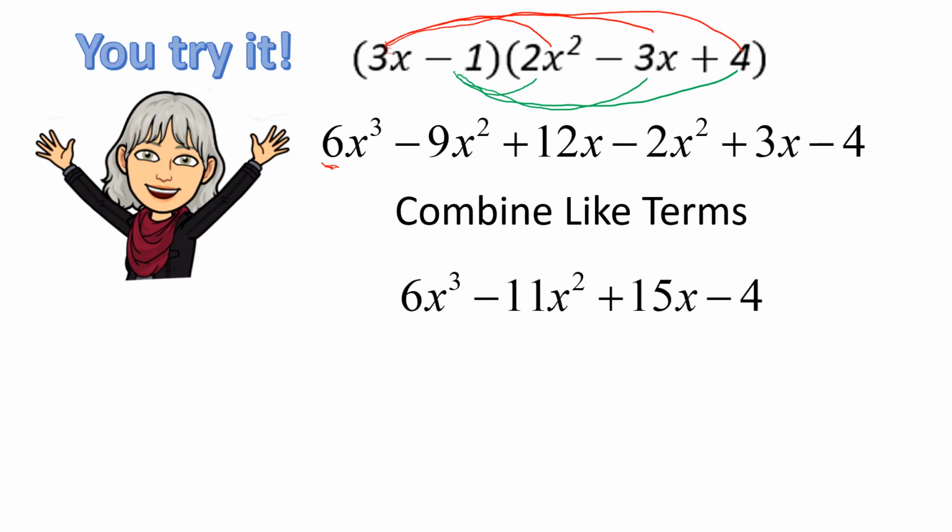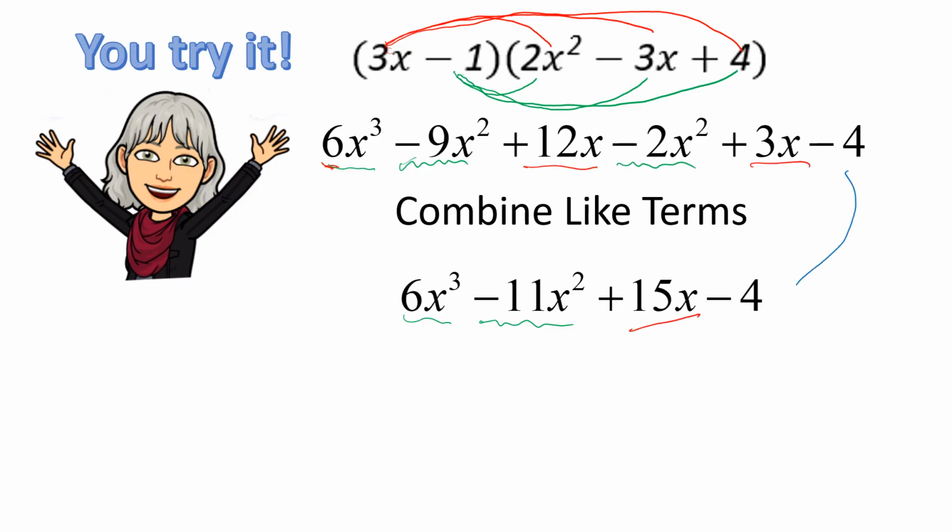So I don't have anything else that has a 6x to the third, so I'm just going to write that down. But I have a negative 9x squared and a negative 2x squared. So negative 9 minus 2 will give me the negative 11x squared. Then I have a 12x and a 3x for my 15x.